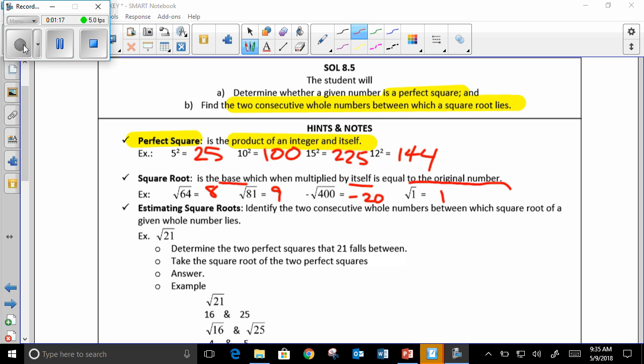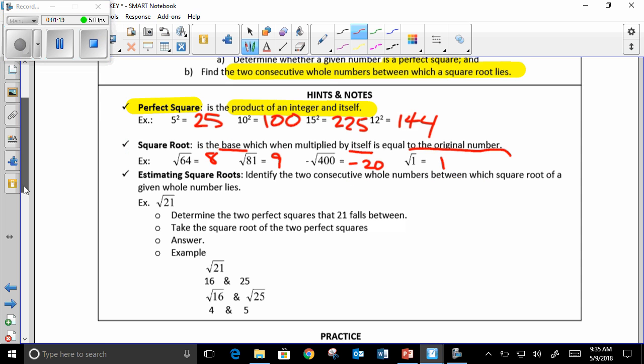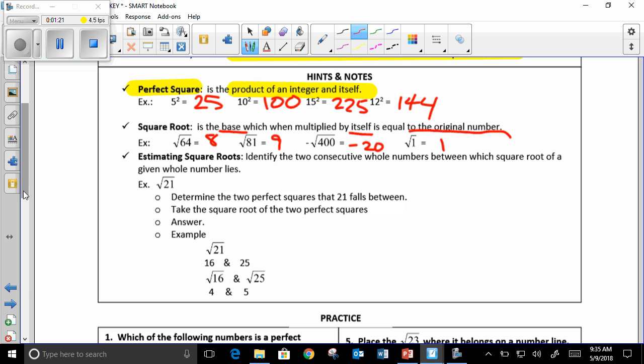Correct. All right, when you're estimating square roots, identify the two consecutive whole numbers between which the square root of the given whole number lies. For example, the square root of 21. Determine the two perfect squares that 21 falls between. So think of your perfect squares. Take the square root of the two perfect squares and answer.